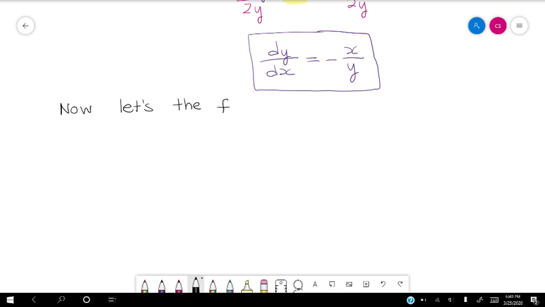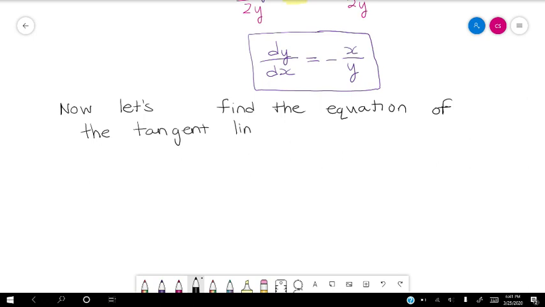Let's find the equation of the tangent line at root 5, comma 2.